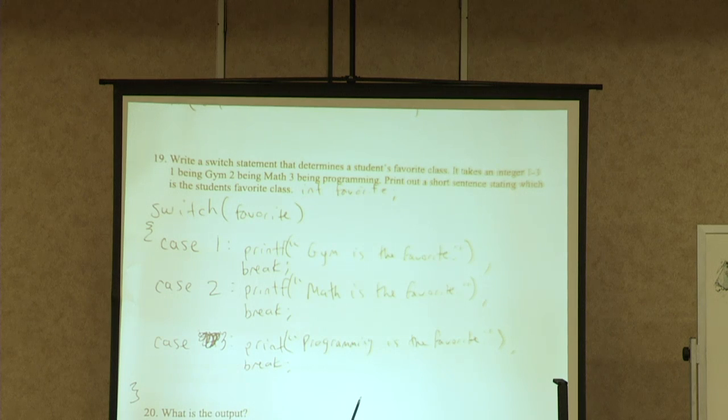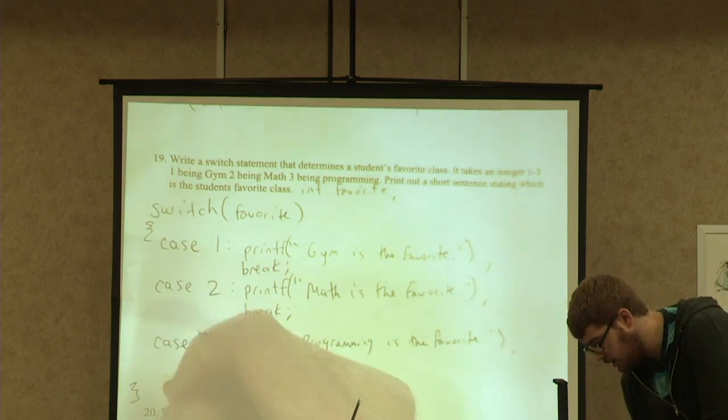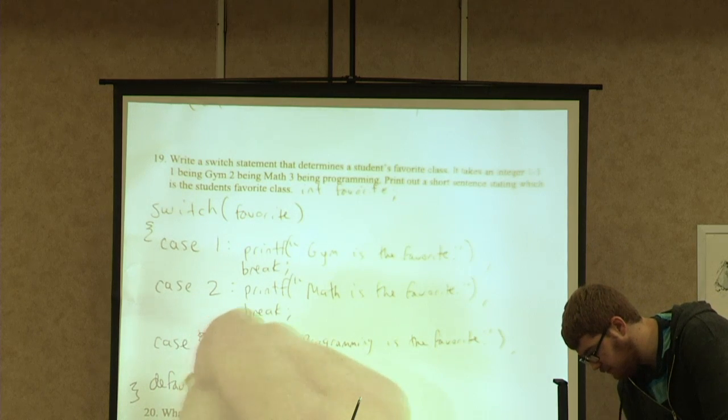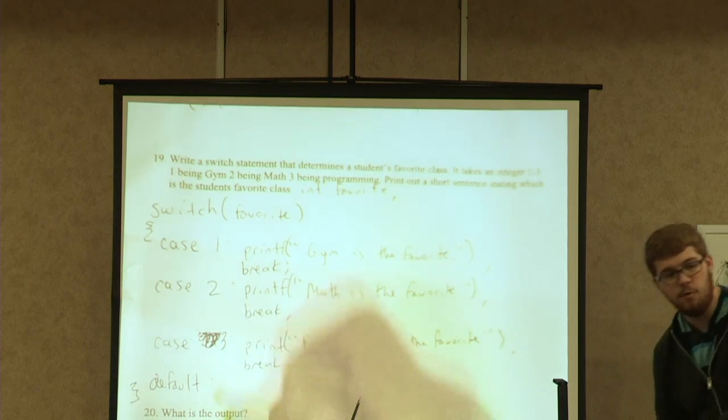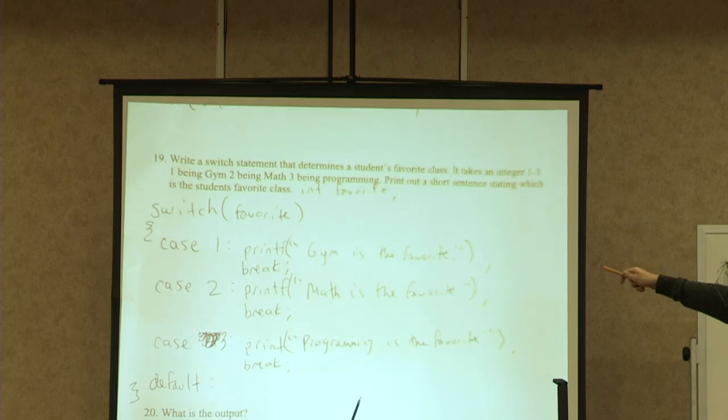This is not that in depth, so this is just a thing. There's nothing else that's required, but you can do a default. So if someone types in 4, it's not going to go to any of those cases. If you don't have a default, it'll just kind of go weird on you. There's no telling what it will do.